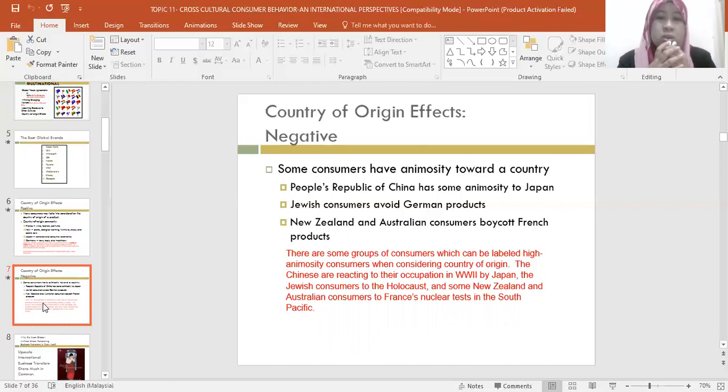And then Jewish consumers avoid German products. If you still remember, there are certain issues regarding this, because during Hitler's time, Germany under Hitler killed the Jewish.